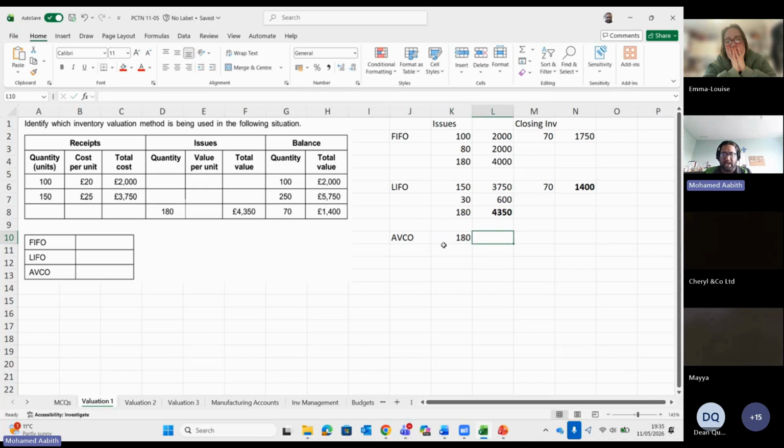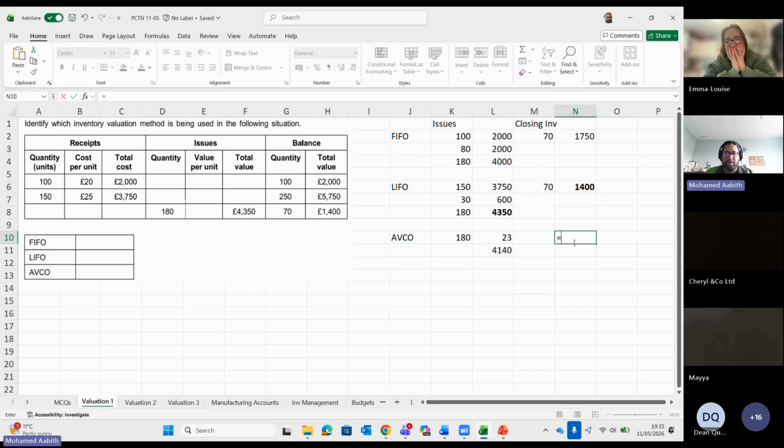Equal to the total cost of 5,750 divided by, apologies, 250 units, it gives you an average value of 23 pounds. So if I'm going to issue 180 items, it is that times 180 units. So it's going to be 4,180.